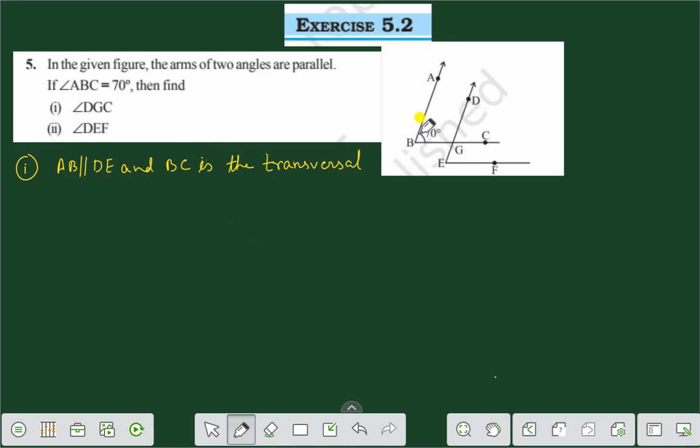Here you see that AB and DE are parallel and BC is the transversal, right? So this angle will be equal to this angle. Why? Because they are corresponding angles, right?